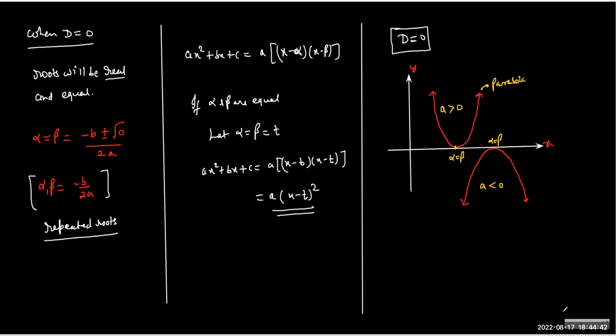How to represent the D positive graph? How are we going to represent D is positive? Tell me, guys. So what if D is a positive number? We are going to get how many answers?